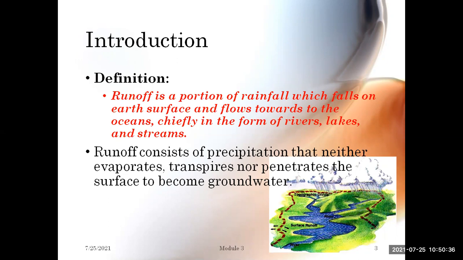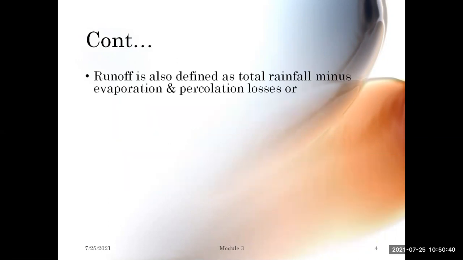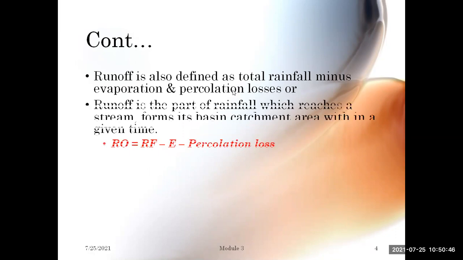That portion of rainfall is said to be runoff. In other terms, we can define runoff as total rainfall minus the evaporation and percolation, or it is also defined as that part of rainfall which reaches the streams from its basin catchment area within a given time.